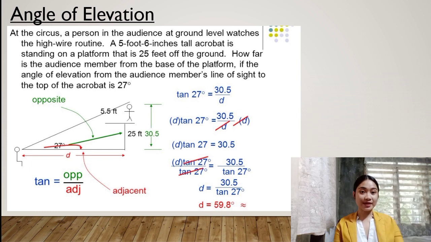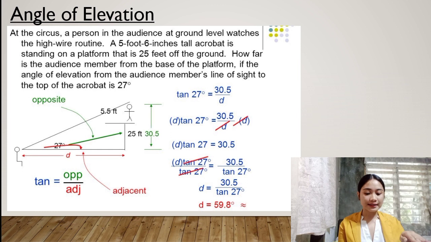So, ano kaya yung distance? When you look at it, yung height ng tao is 5.5 feet. Tapos yung kung saan siya nakatayo from the ground, yung height is 25 feet. So all in all, pag i-add natin yan, we have 30.5 feet.